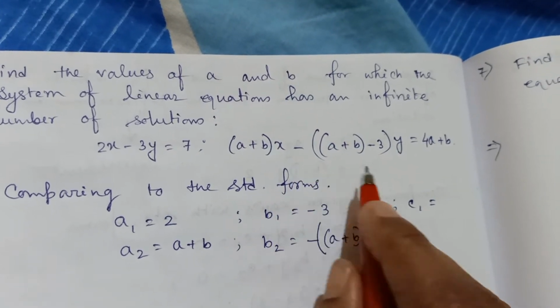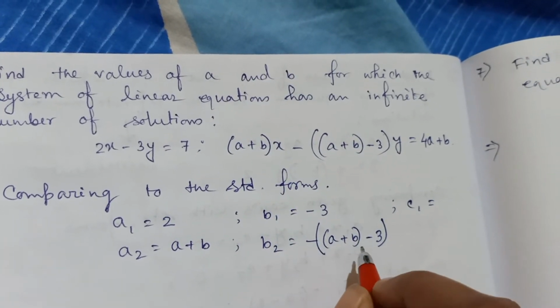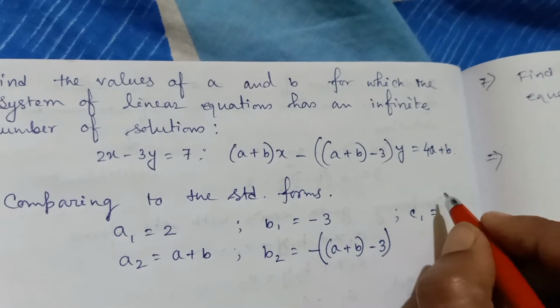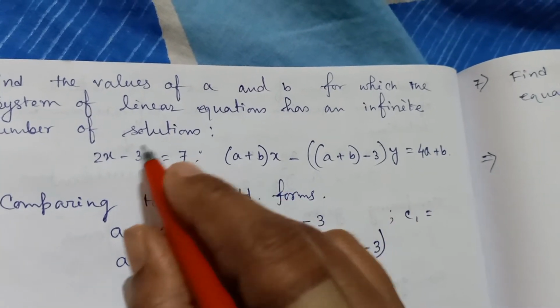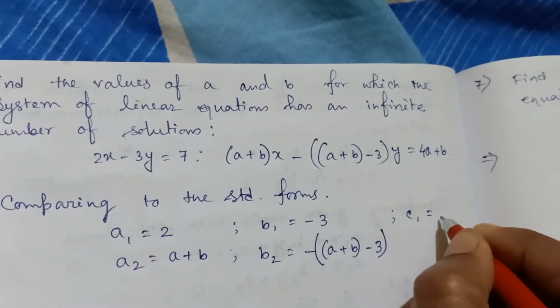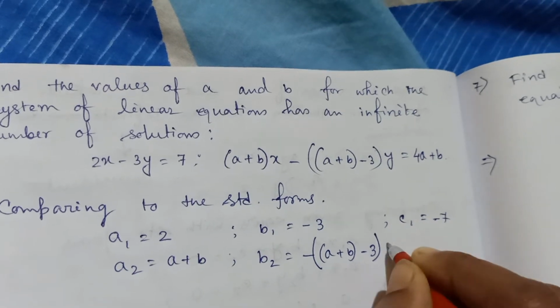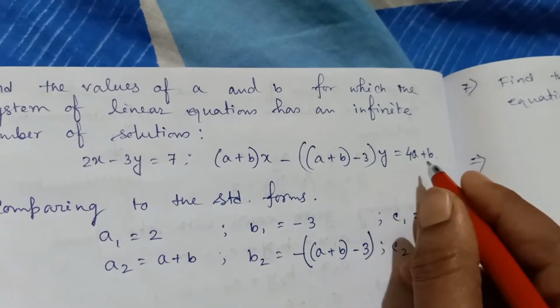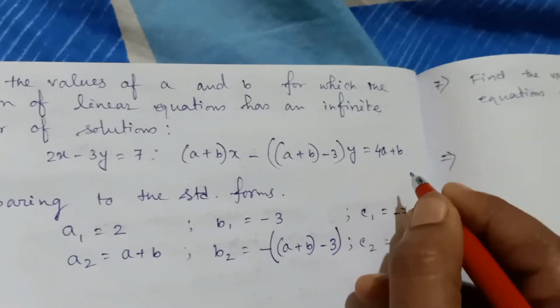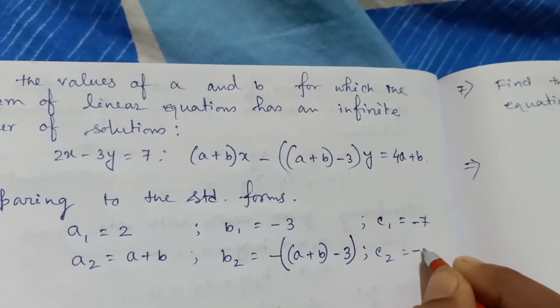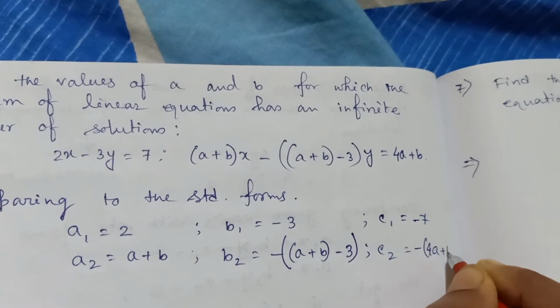For this minus, I have used double brackets. c1 equals minus 7 taken to the left hand side, and c2 equals, again taken to the left hand side as a whole, minus of 4a plus b.